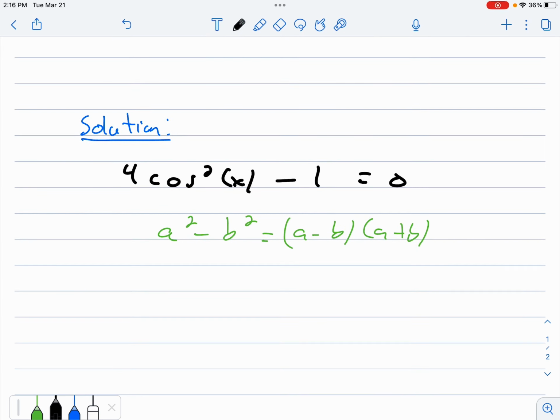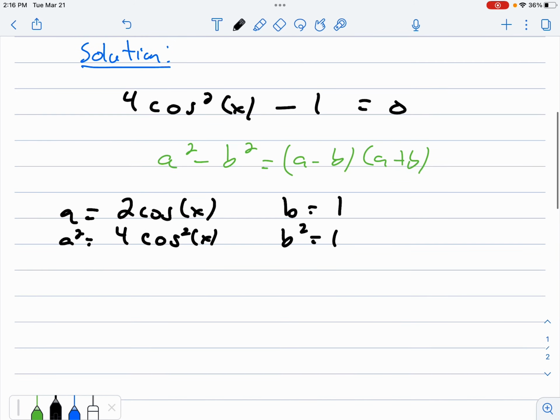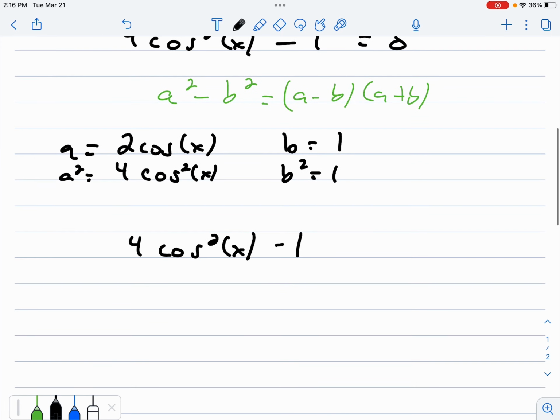A would be 2 cosine x, and b would be 1, because if you square a, you get 4 cosine squared of x, and if you square b, you get 1. So we would have 4 cosine squared of x minus 1 factoring out as (2 cosine x minus 1)(2 cosine of x plus 1).